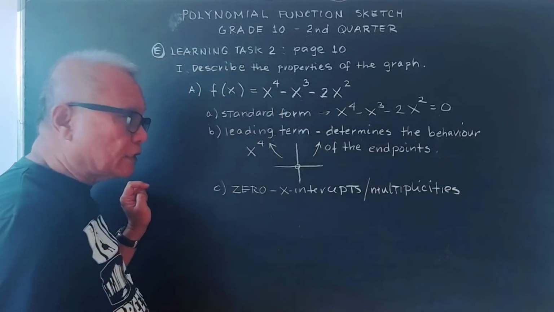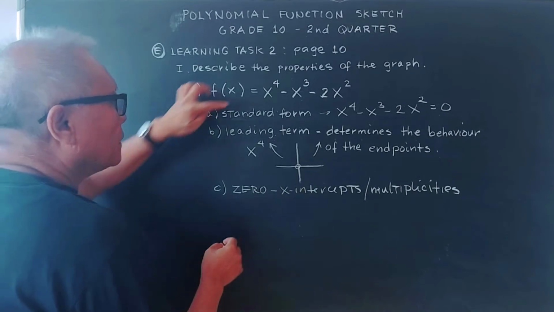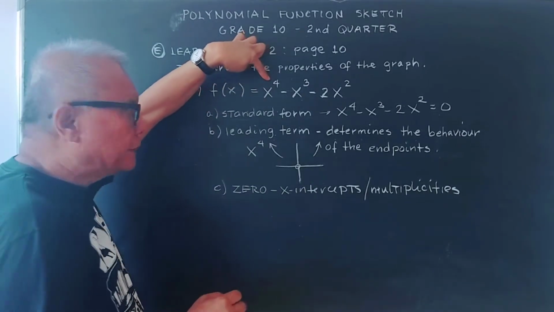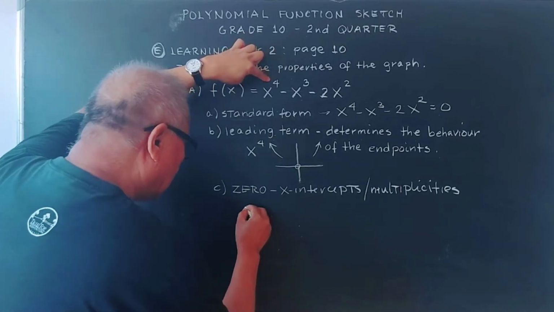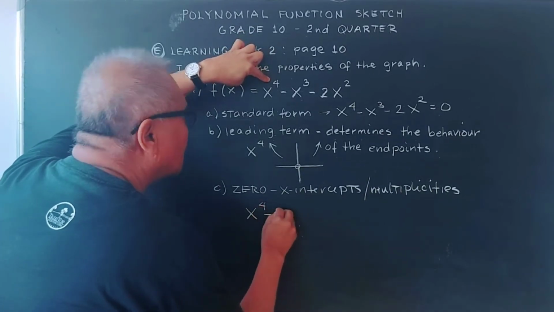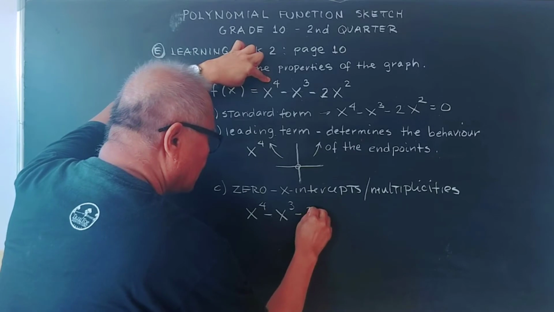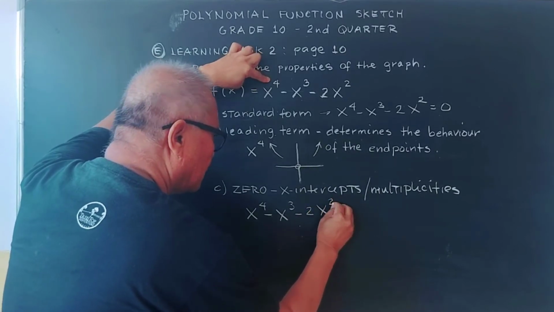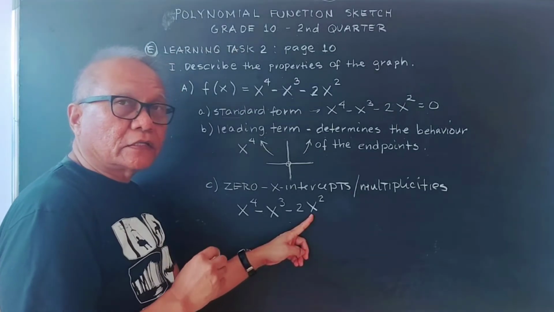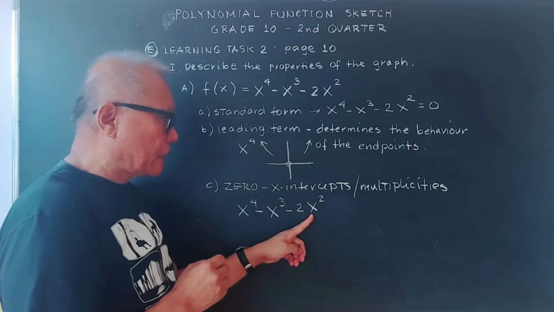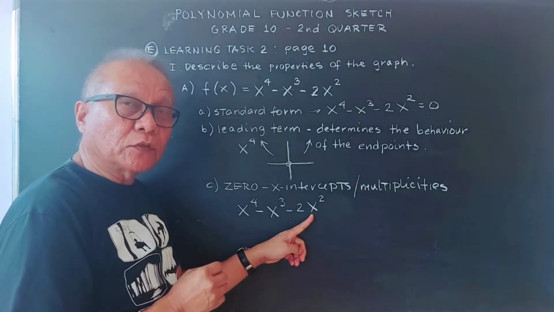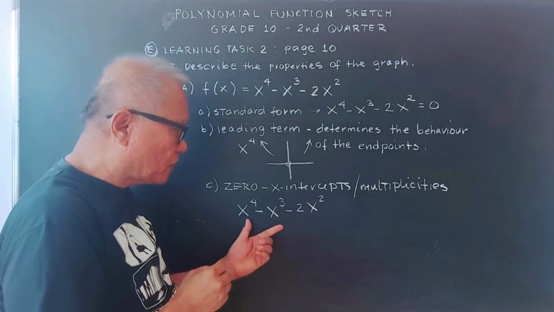Okay, let's have multiplicities. So let us factor this one. We will write this one in factored form. So I have x to the fourth minus x cubed minus 2x squared. Now we can try the greatest common factor. Second, we can try factoring by grouping, but we cannot group this one because we have only 3 terms.